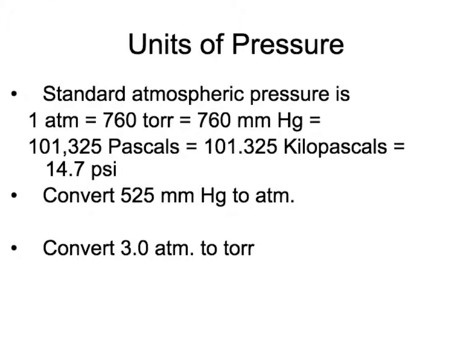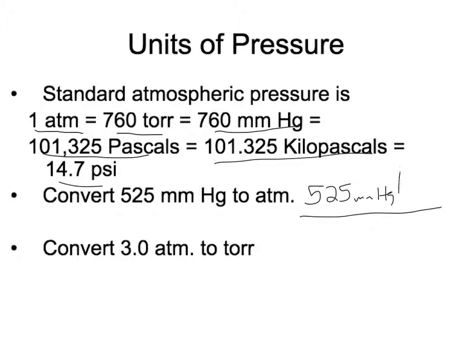All right, some units of pressure that are commonly used, and there's a lot of them: atmospheres, torrs, millimeters of mercury, pascals, and kilopascals. PSI is not really used that much except in the US for things like tire pressure. If we're going to convert, we just use dimensional analysis. So let's say we have this and we want to get atmospheres.